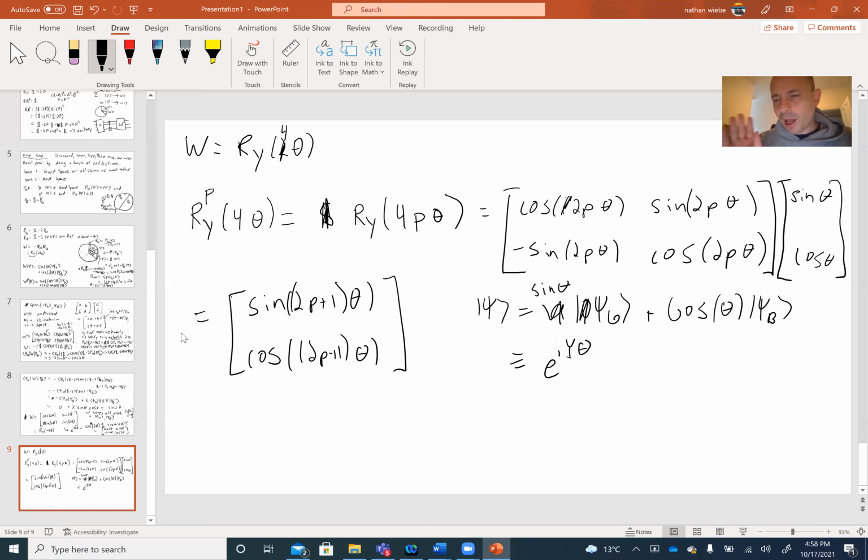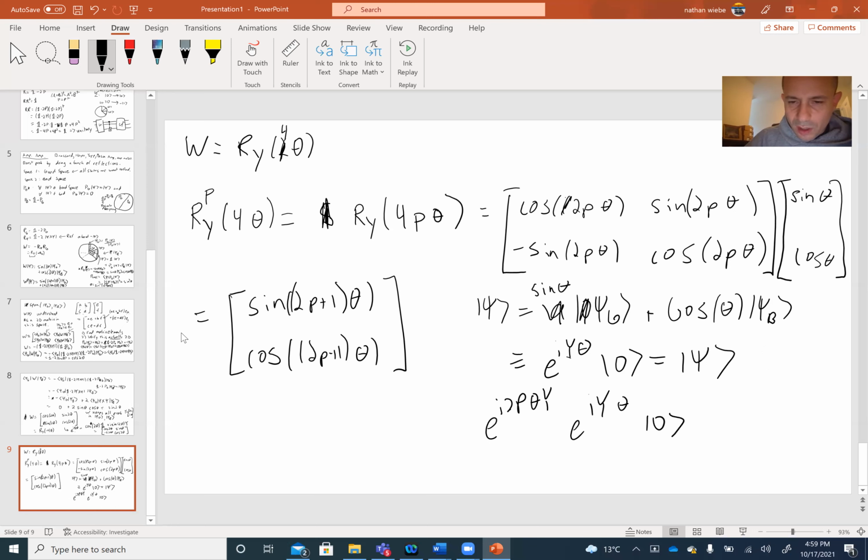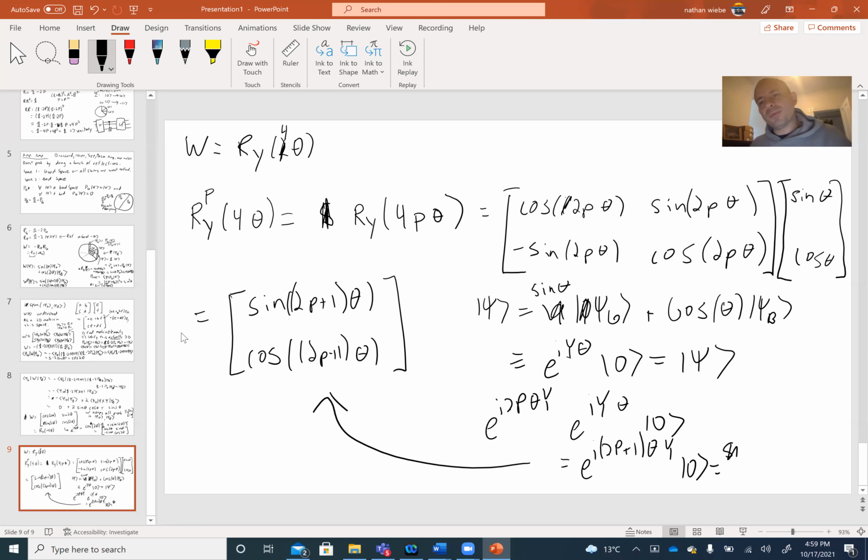It's a much weirder, higher dimensional object, but the matrix that looks like Pauli y in this subspace acting on 0 will end up giving us psi. And so we can see that e to the i 2p theta y acting on e to the i y theta 0 is the same thing as e to the i 2p plus 1 theta y acting on 0, which is the same result I claimed over here. So there's a couple of ways that you could see this.